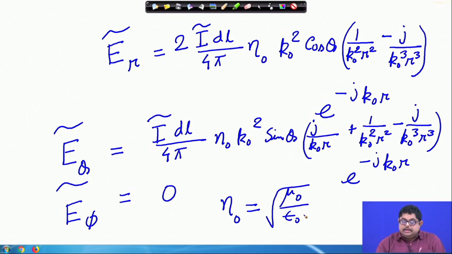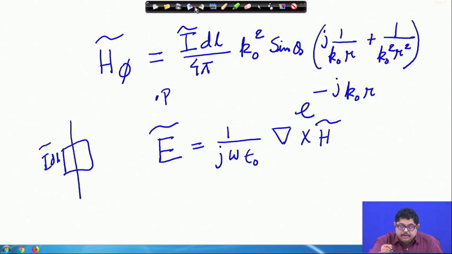Now here, if we look at E r, E theta, also if you look at the previous expression of H phi, you see the variation with distance.